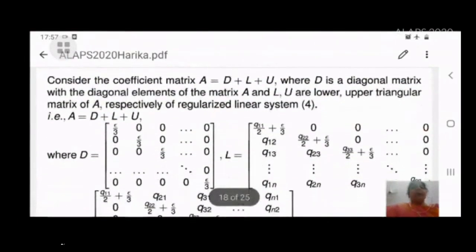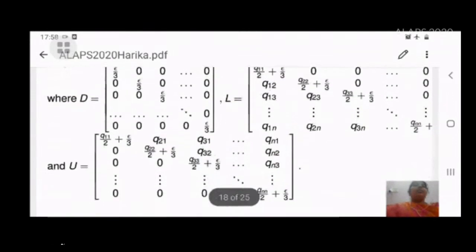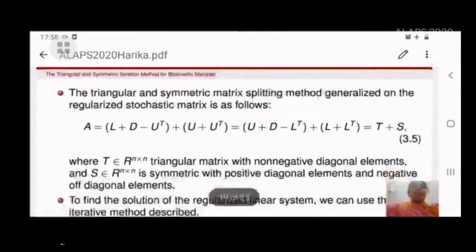Consider the coefficient matrix A equals D plus L plus U. This is the schema we use to solve the problem, where D is the diagonal matrix with the diagonal entries, L is the lower triangular matrix and U is the upper triangular matrix, where D, L and U are defined like this.